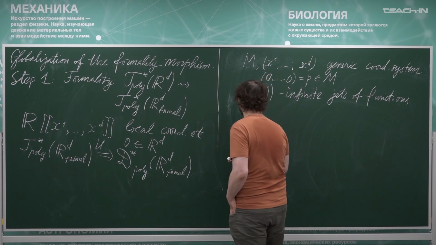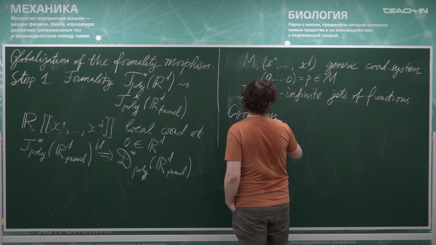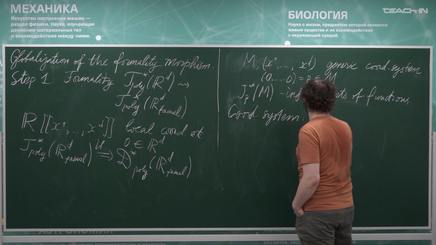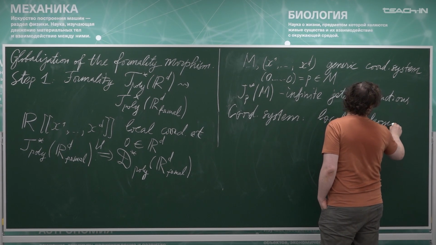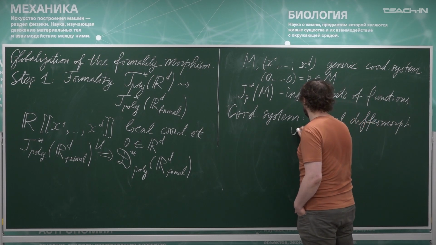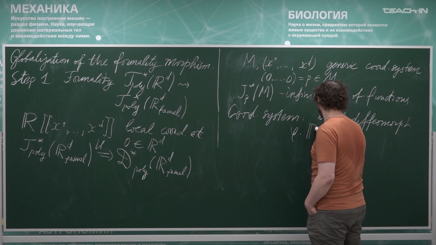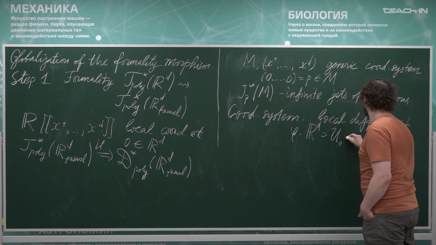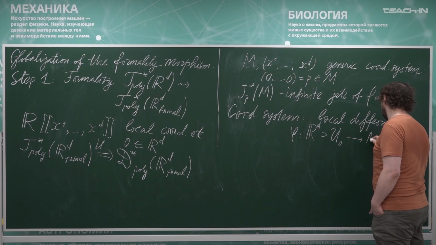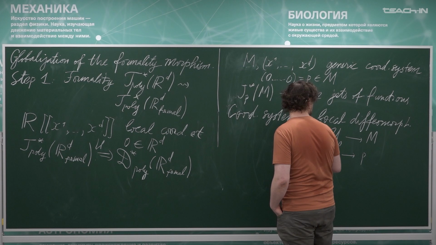To understand this, let me recall that a coordinate system is a local diffeomorphism phi from a neighborhood of the origin in Rd into M, so that 0, the origin, goes to the point P. Now we can consider classes of such local diffeomorphisms.